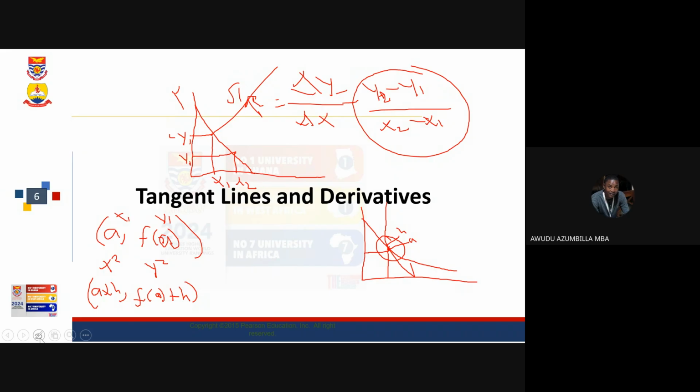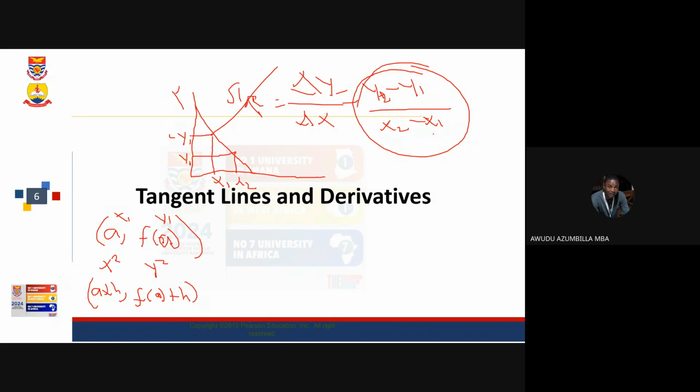After I am able to specify all 4 coordinates, I can now use the formula of the slope. The slope is y2 minus y1 over x2 minus x1. That is the formula we are going to use to find the slope.